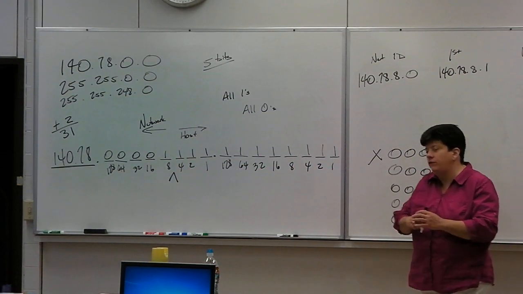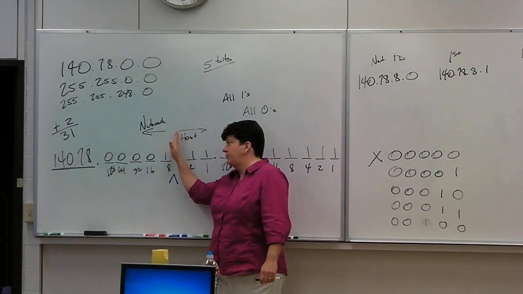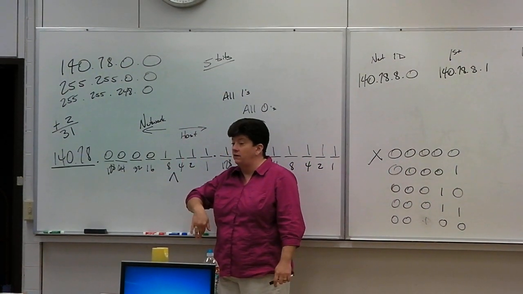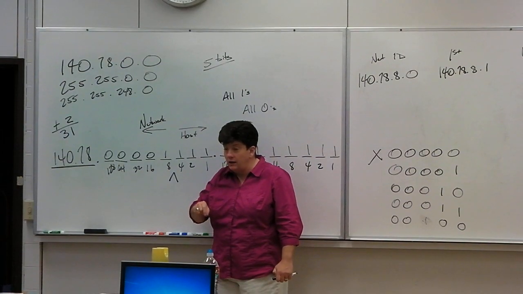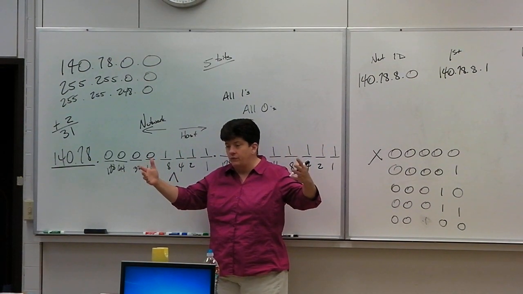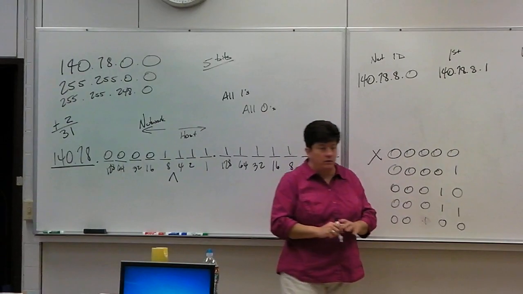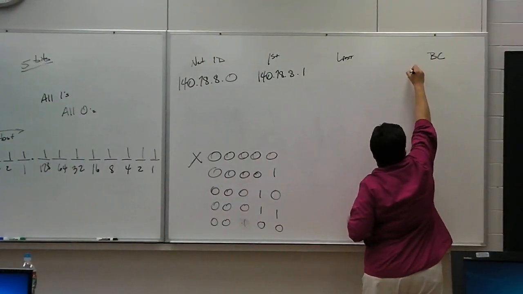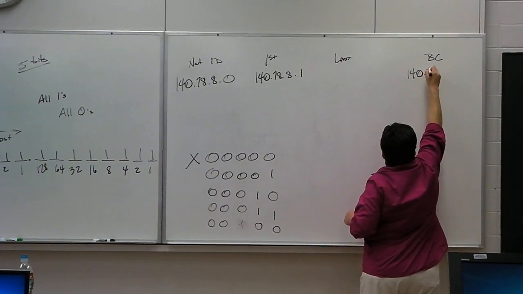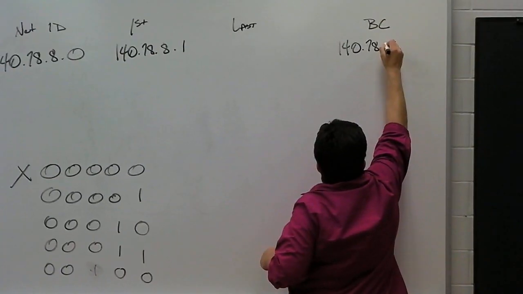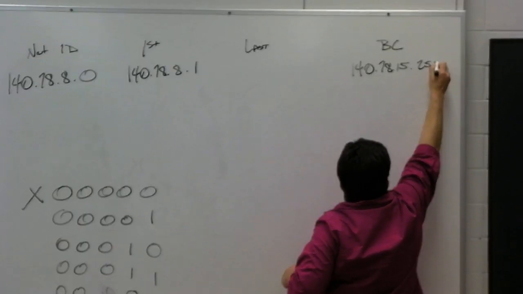That is sort of the confusing thing, is you put the line up there to divide it, and then you got to get rid of it, because I am going to write it in IP address format, dotted decimal notation. So that's your broadcast: 140.78.15.255.